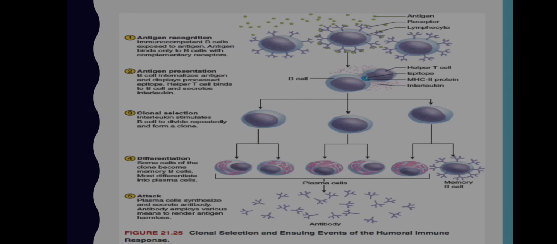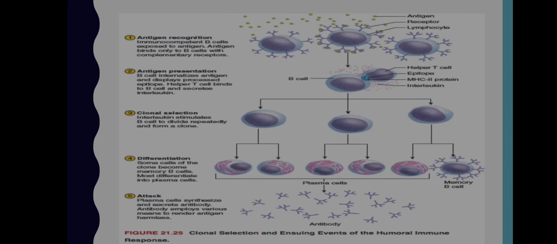Then it induces clonal selection. Some cells differentiate rapidly, and some convert into plasma cells and some into memory cells, which is called differentiation.